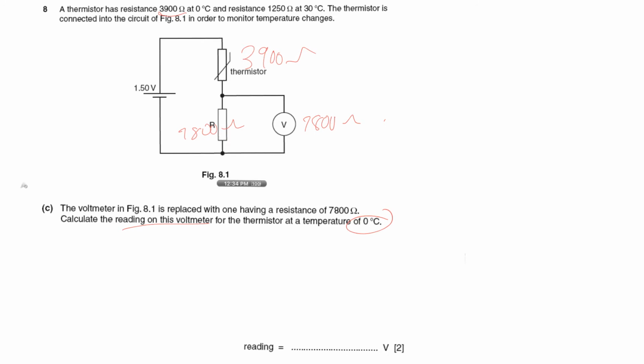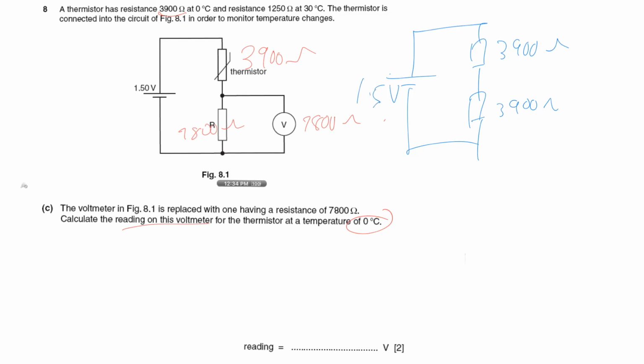So if you treat the voltmeter as a resistor, 7800 and 7800 in parallel gives you what? 3900, half of it. So you can redraw the circuit. So this will be like 3900 ohm. These two of them can combine to get another 3900 ohm. So how do you think the voltage will divide now?